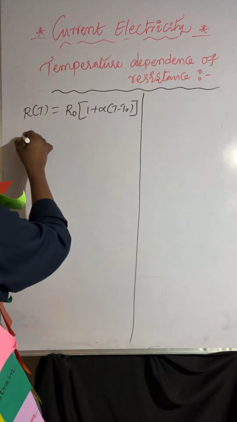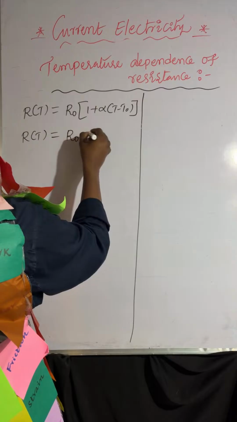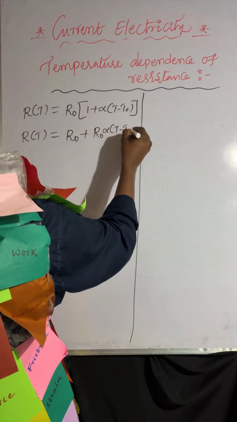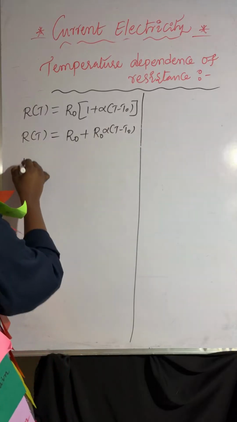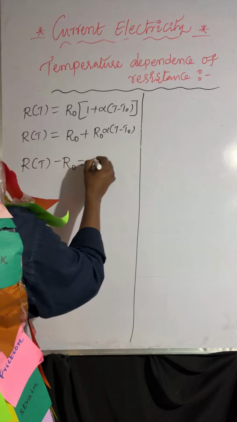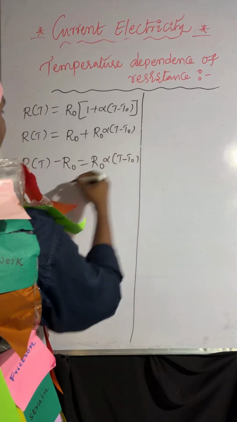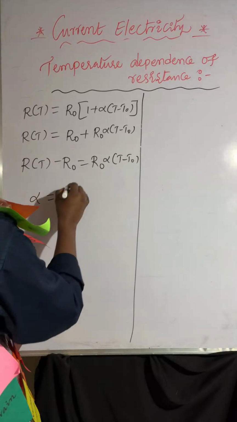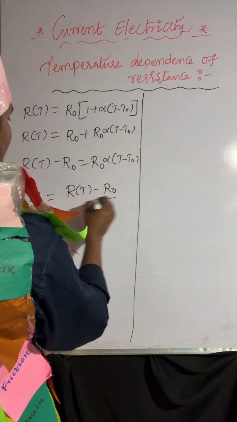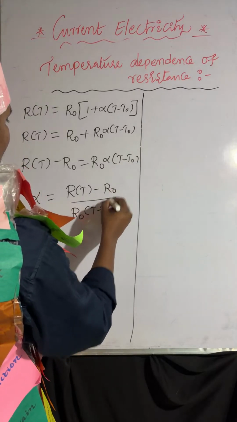Then we can write R_T equals R naught plus R naught alpha (T minus T naught). So alpha equals (R_T minus R naught) by R naught into (T minus T naught).